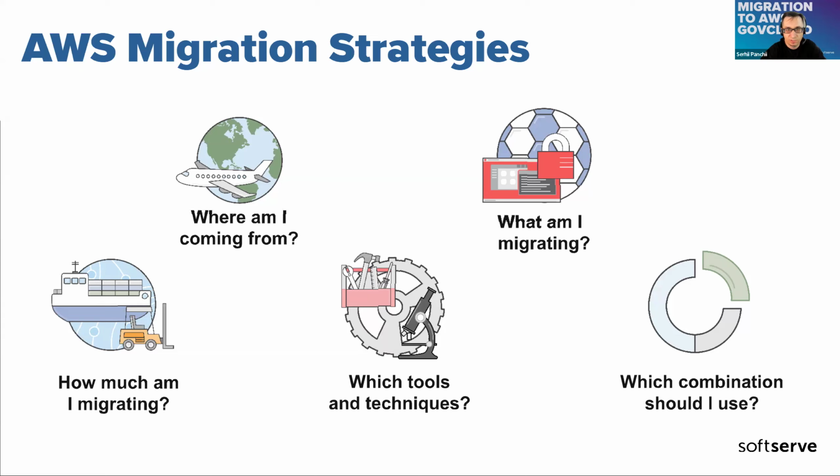Or which tools and techniques should I use to migrate? And others. Most of those questions are challenging for the client, and we need to be careful and give clear answers to them. I can tell that this is something like the discovery and planning stage of the SDLC process.